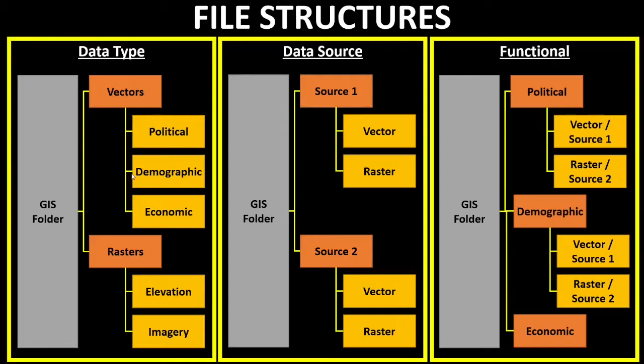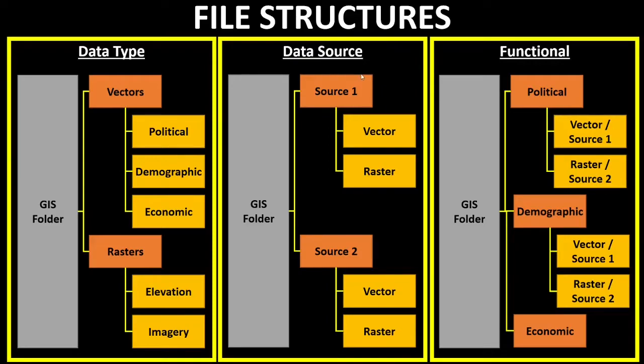So under vector, you can have political, demographic, economic information. And under rasters, you'll usually have elevation, imagery, and you'll have other rasters that we'll build as we go through that may fall under their own category, but would still be under raster, and we could call that processed information. The other version here is a data source base.